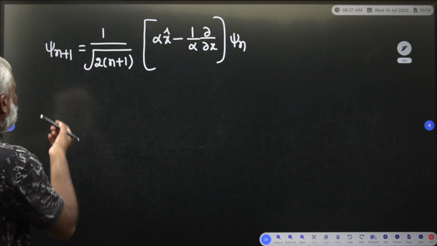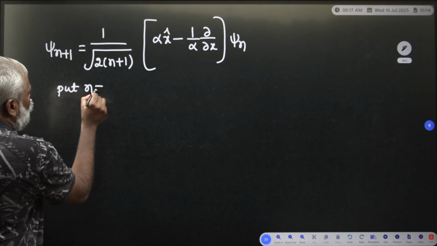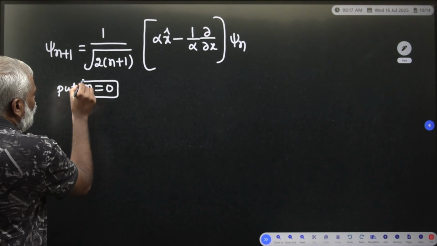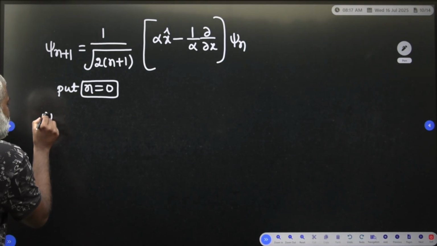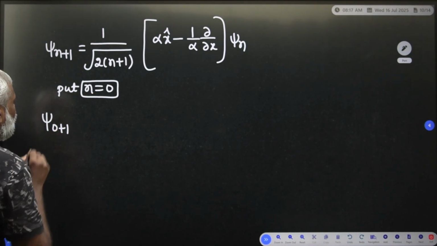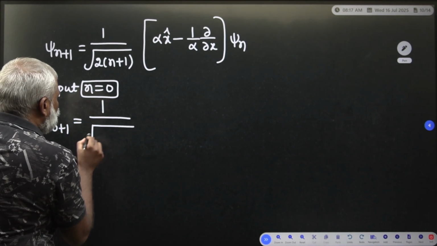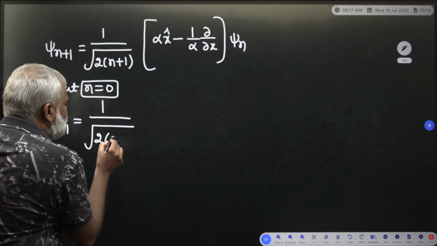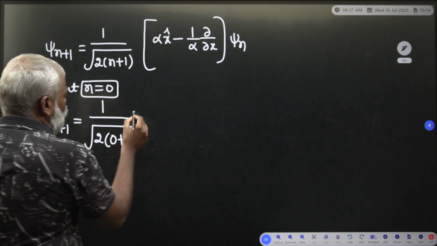Clear? So here you have to put n is equal to 0. If n is equal to 0, you are able to get psi 0 plus 1 is equal to 1 by square root of 2 into 0 plus 1, that is 1 by square root of 2.